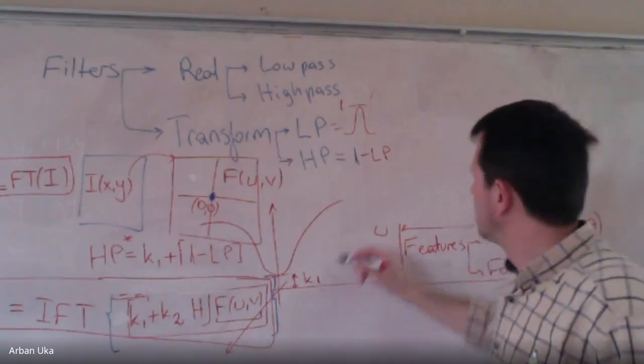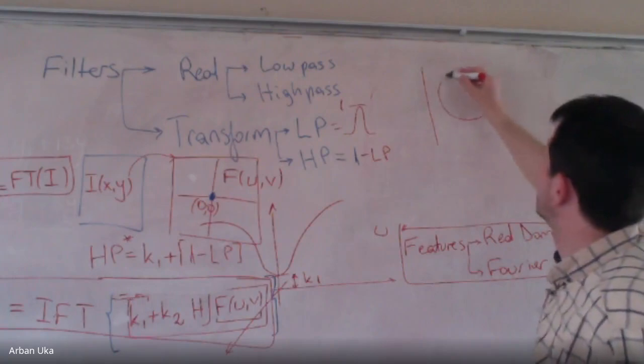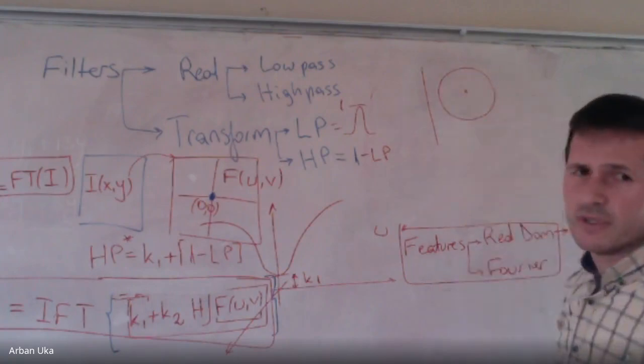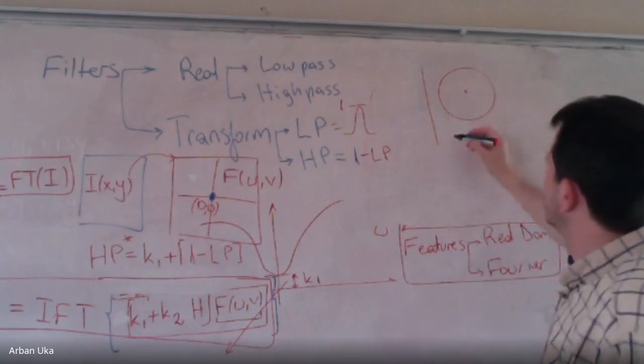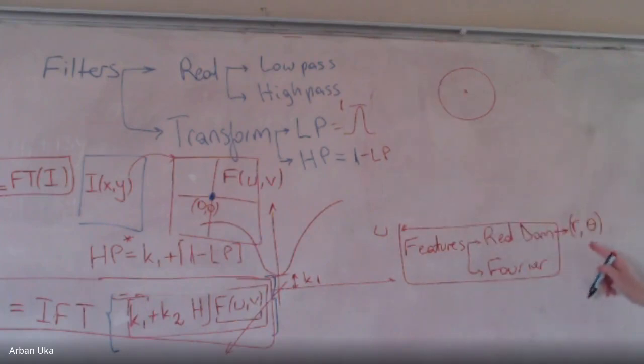For example, if we have a circle, then we can set a center, let's say here is the center, and we have to write down what is R as a function of theta.